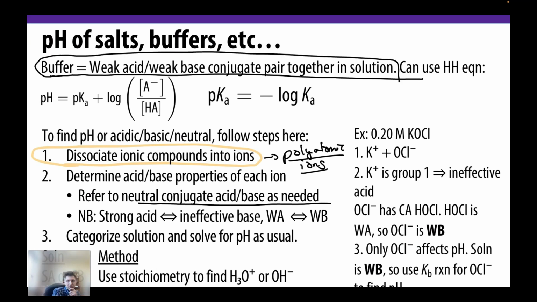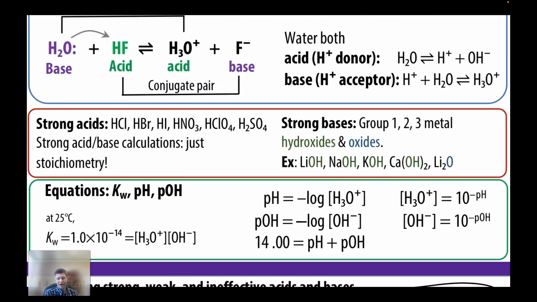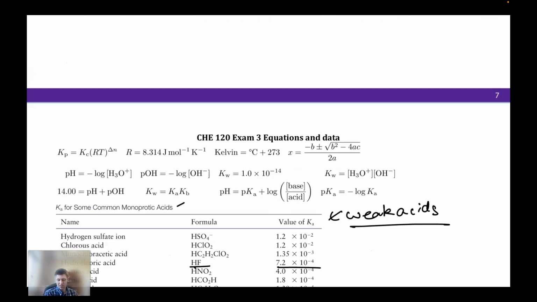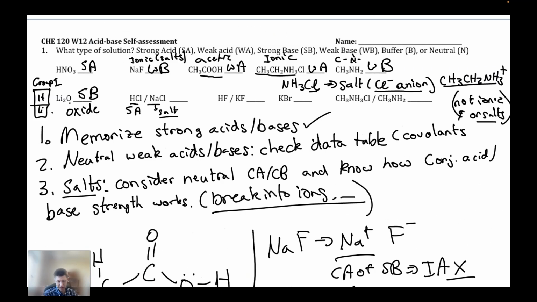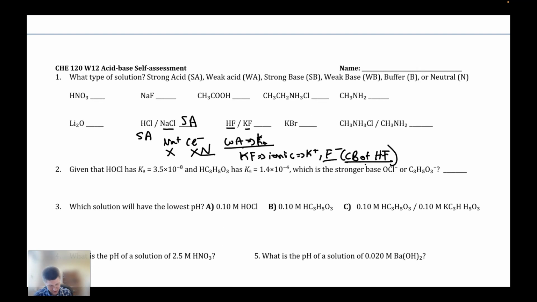And so that's very useful. Remember, if we have a buffer, we can use the Henderson-Hasselbalch equation to calculate the pH. So again, this is a weak acid, weak base conjugate partner in solution, which is a buffer. This is not a buffer because it's a strong acid, right? So it needs to be a weak acid, weak base conjugate partners in solution.